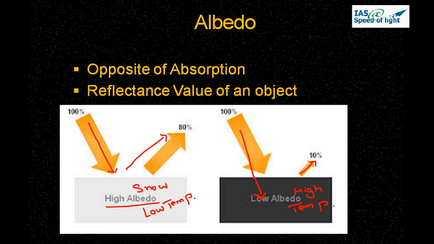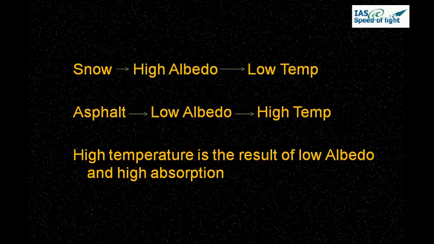On the other side, when we see asphalt or other black substances which have low albedo and high absorption, these two are the opposite things, reflection and absorption. So substances having high absorption and low albedo, that is low reflection, are going to have high temperature.